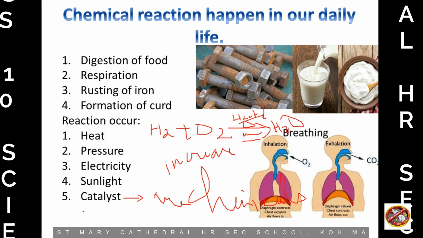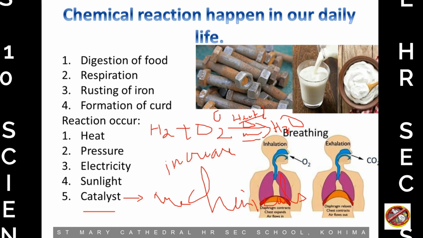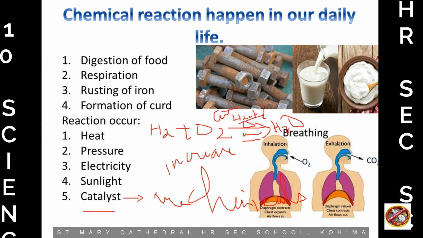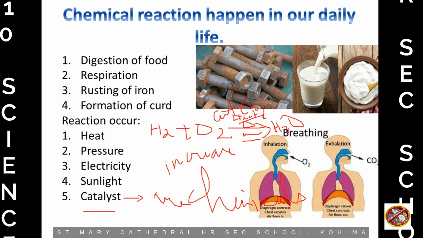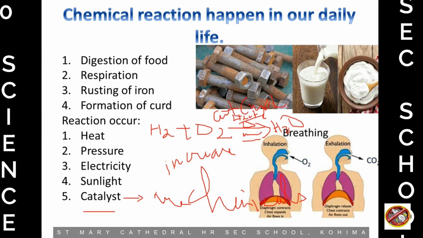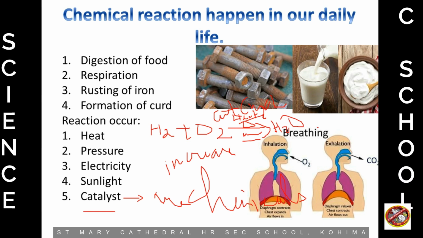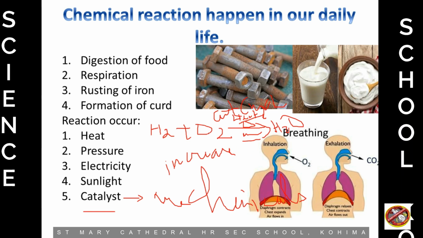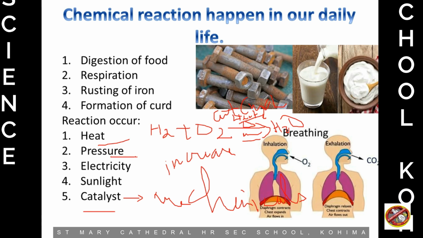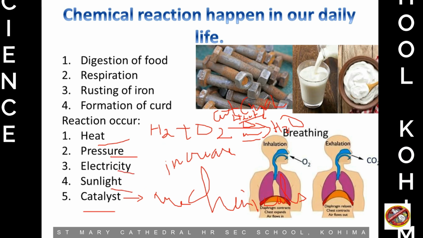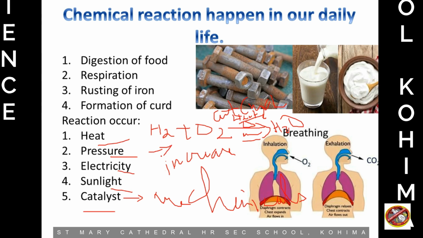Now when we are talking about catalyst, we can write catalyst, but catalysts have substances, especially nickel, to boost up the reaction. This presence helps the reaction go much faster.